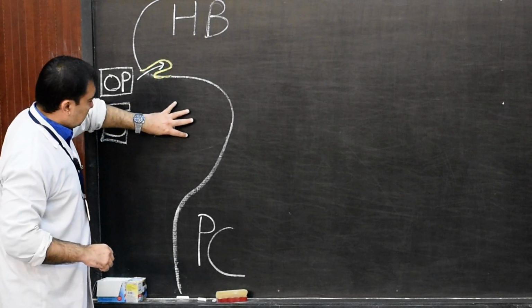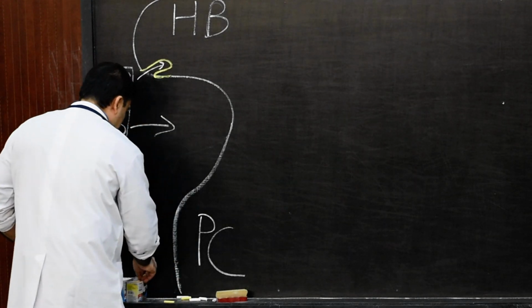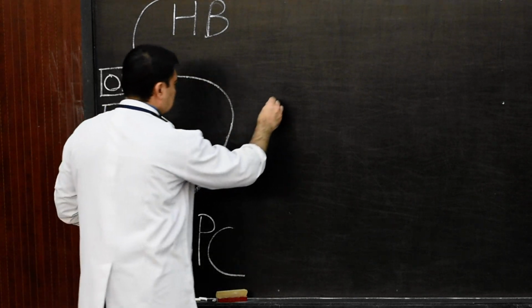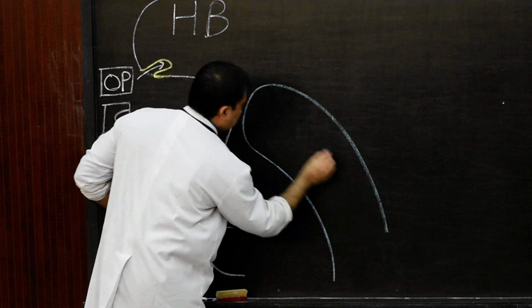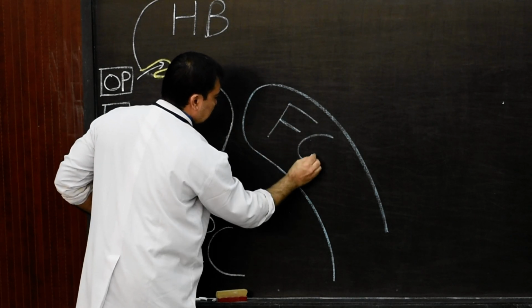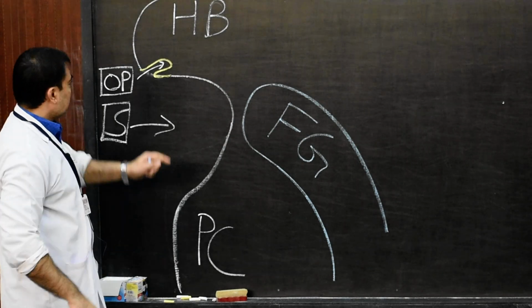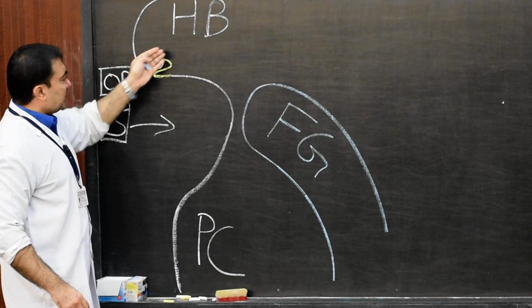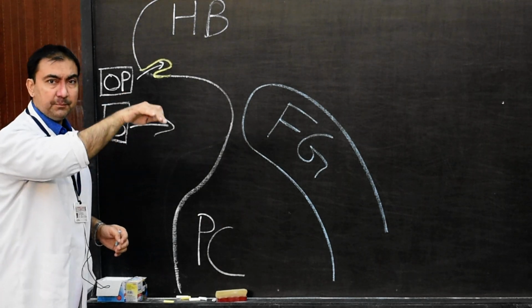Now this is the stomodeum, buccopharyngeal membrane, and inside we shall draw here the gut tube. So this will be the gut tube, this will be the foregut, this is the buccopharyngeal membrane. These olfactory pits will develop dorsally, very deep.